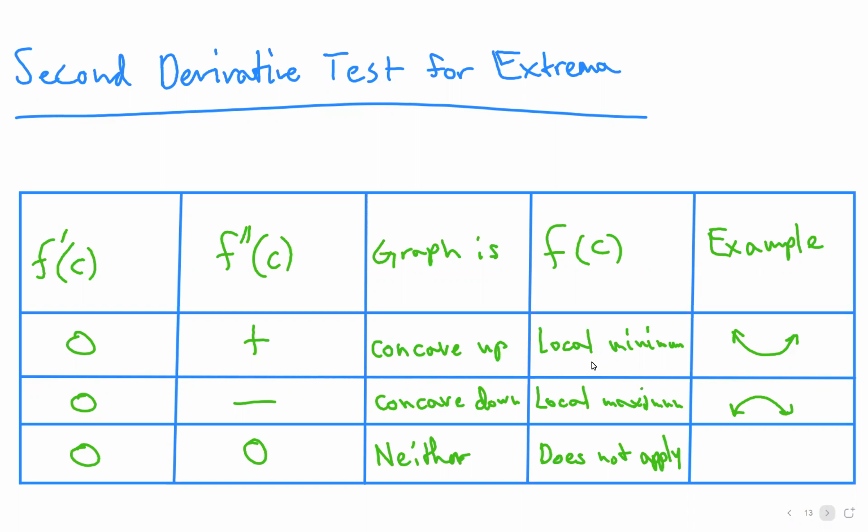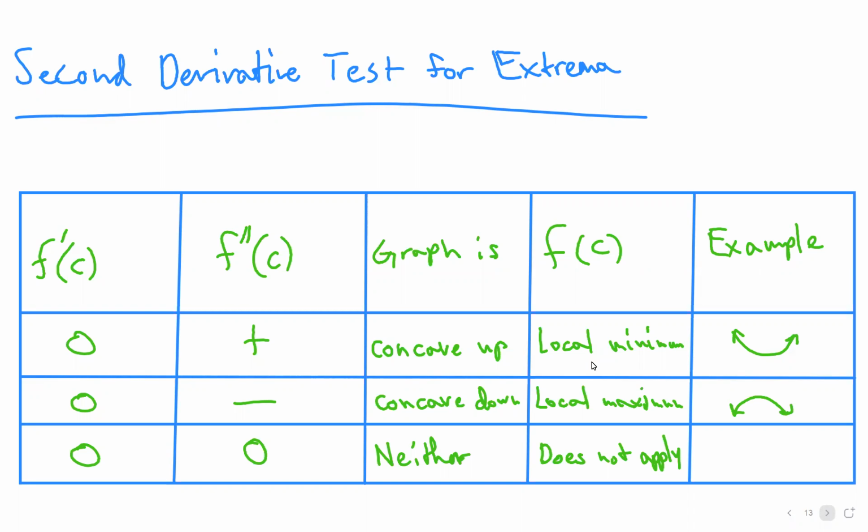The same idea applies if you have f double prime of c being negative. Then your graph is concave down and you would have a local maximum, because values of your graph would be increasing until they reach c, and then decreasing after they reach c. So you would have it going up and then going down, which is the hallmark of a local maximum.